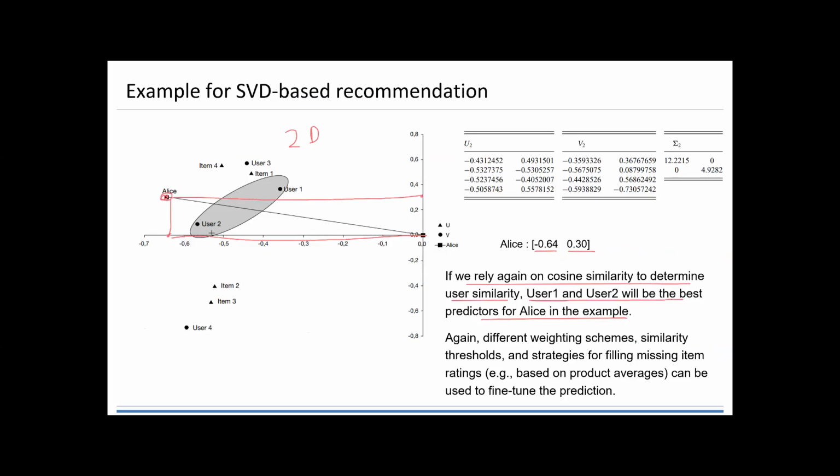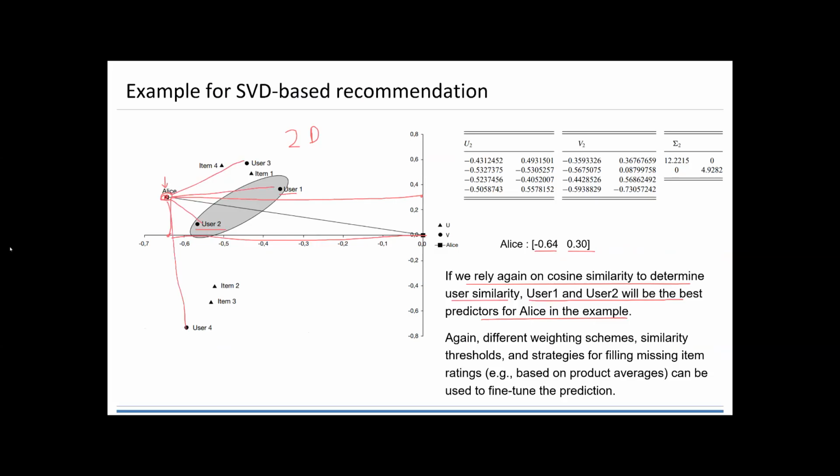So yeah, we can apply another way. I know that this is the position of Alice, and looking at the distance, user 1 is the most similar, and user 2 is the other user who is closer to Alice compared to user 3 and user 4.